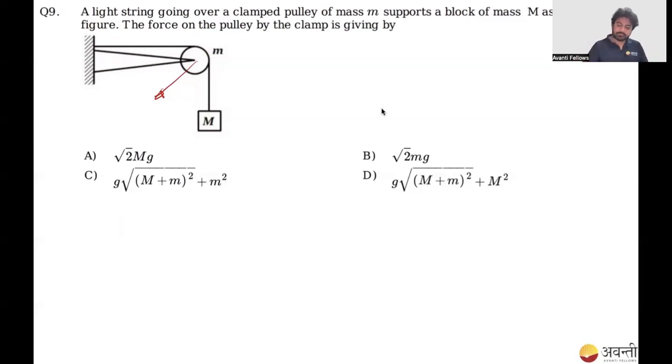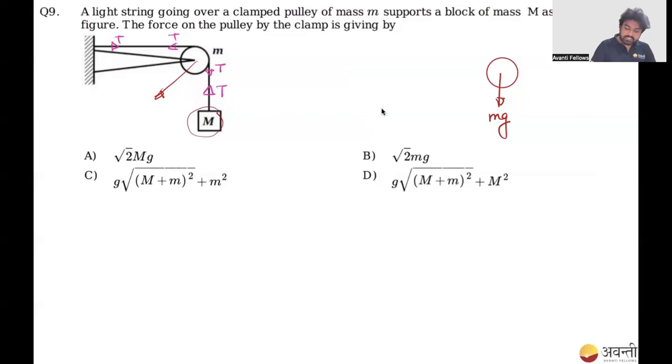So if I make the free body diagram of this pulley, the first force is of course the weight of the pulley itself, that is mg. Then another force due to this weight. Since it is in equilibrium and there is a string, the string will have tension T. Since there is only one string, there is only one tension, a single string has a single tension.